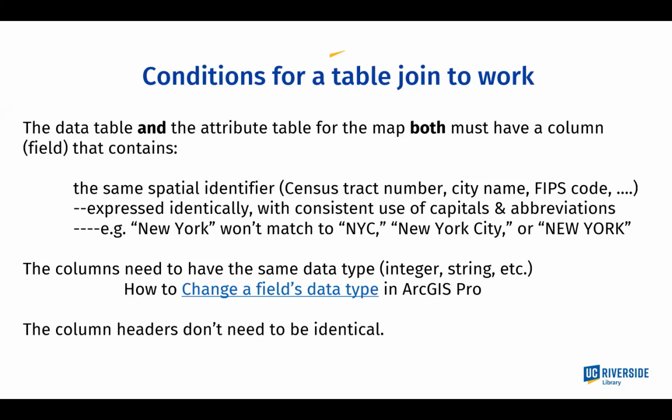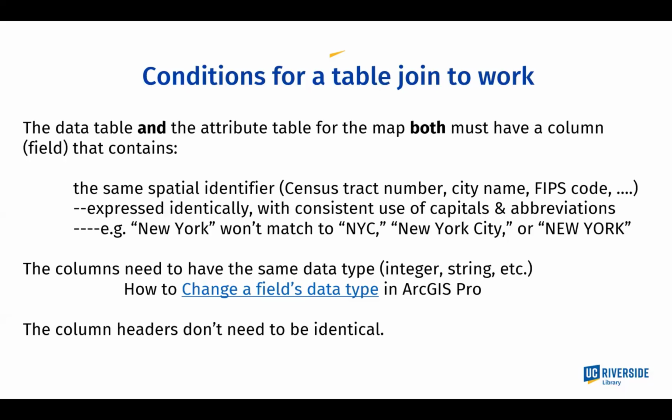And that spatial identifier has to be expressed identically, with consistent use of capitals and abbreviations. New York is a great example: if my spreadsheet has the words New York in the column and the map's attribute table has NYC or New York City or New York all in capitals, it's not going to match. Pick one to change and change it so that they match. That's the basic thing to take away here.